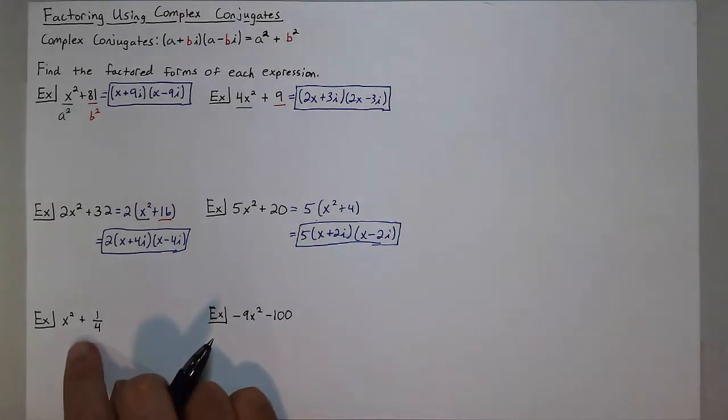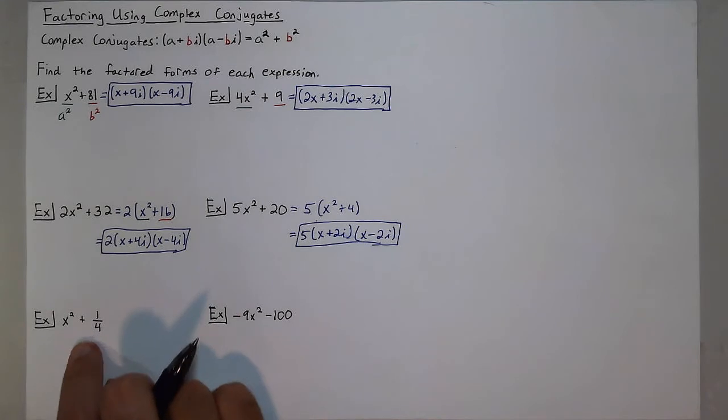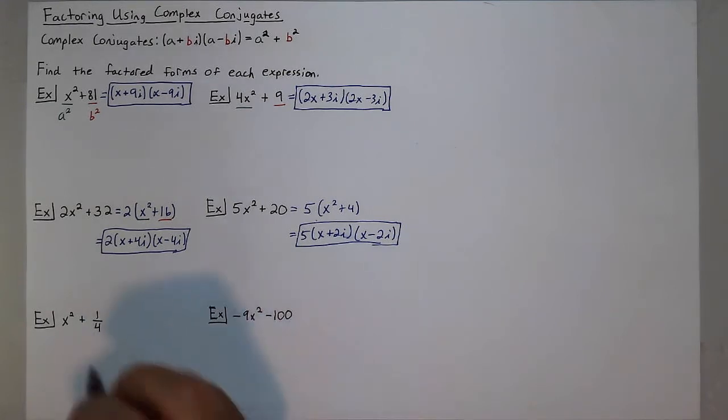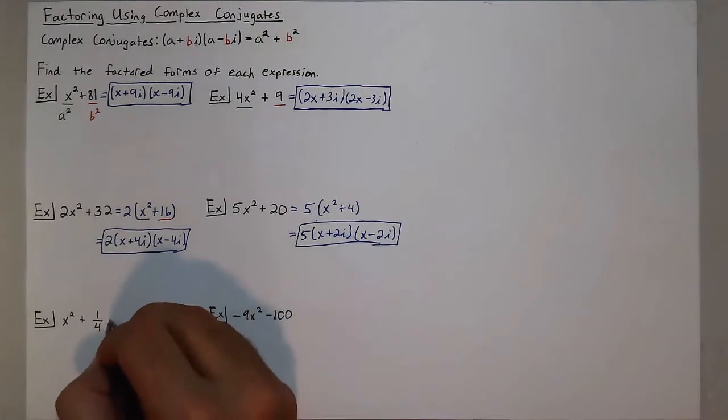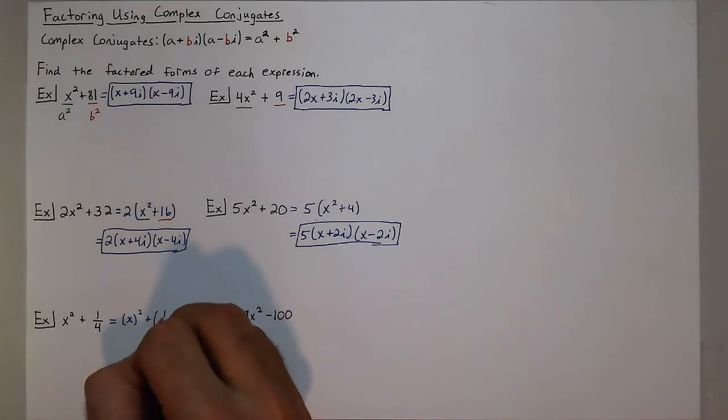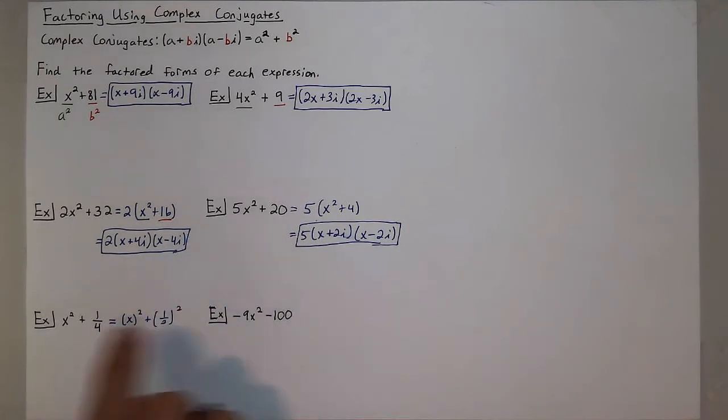Now sometimes it's not perfectly obvious, because 1/4 is a perfect square, but not of a whole number, but of a fraction, because this can be thought of as x squared plus 1/2 squared makes up 1/4.